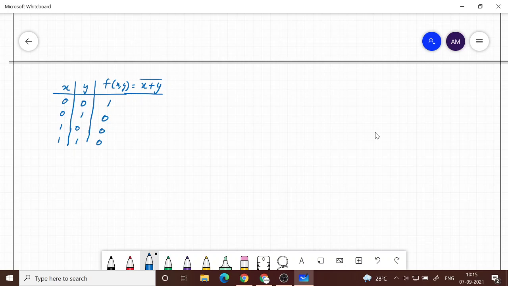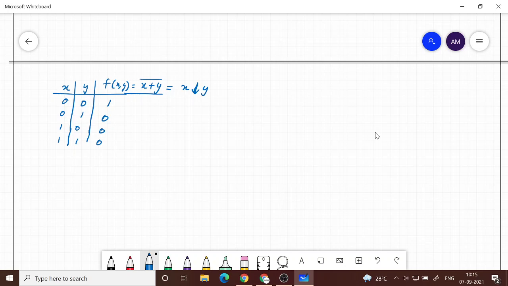Since we need a symbol to talk about this operation, we cannot give any symbol. The book gives one particular symbol which I will also use. The NOR operation is denoted this way, an arrow like this.